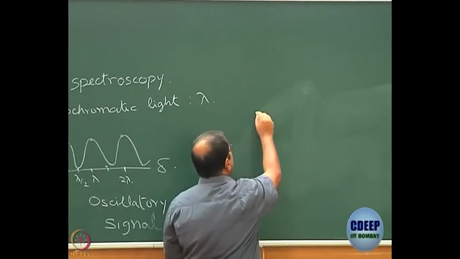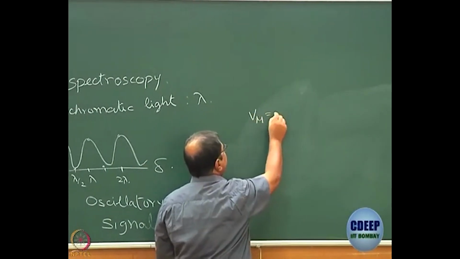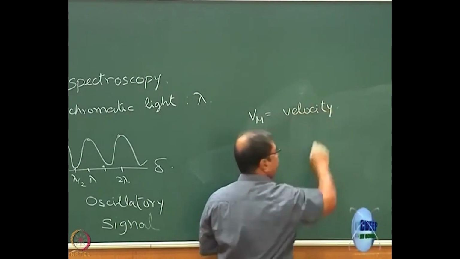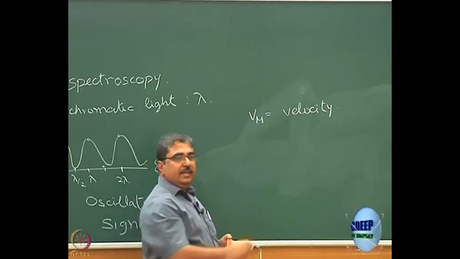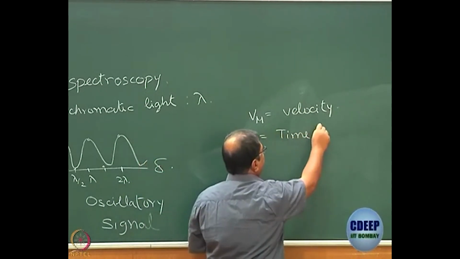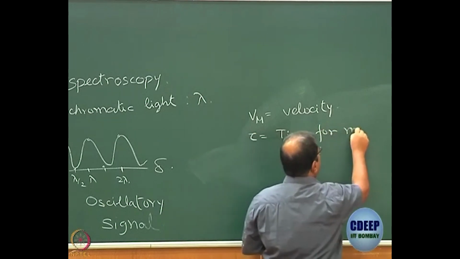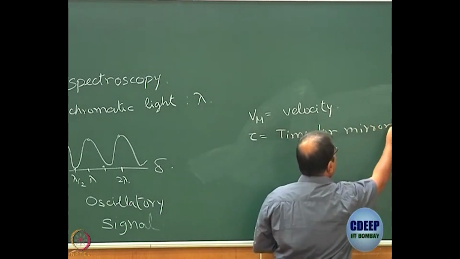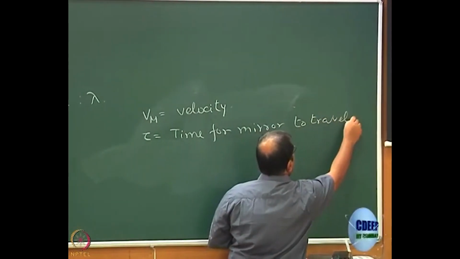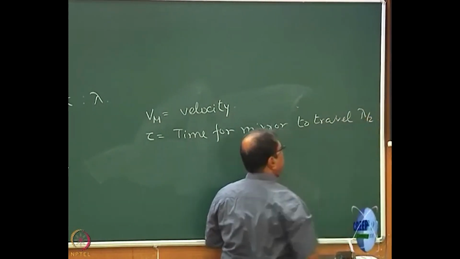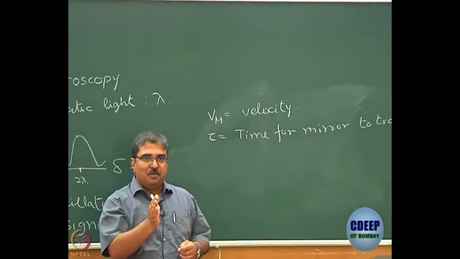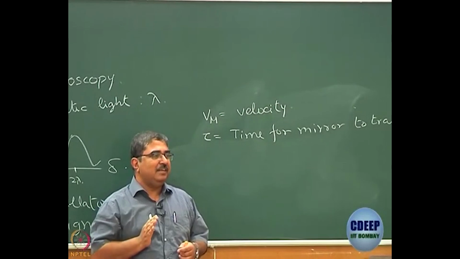Let us say Vm is the velocity of the mirror, and let us say tau is the time for the mirror to travel say lambda by 2. If the mirror moves by lambda by 2, what is the path difference that you actually bring in?